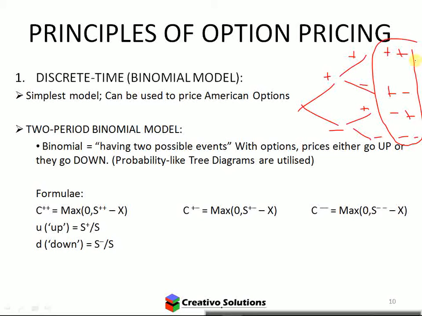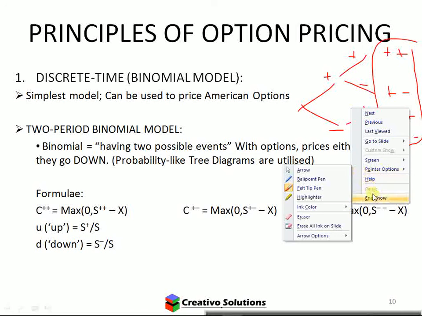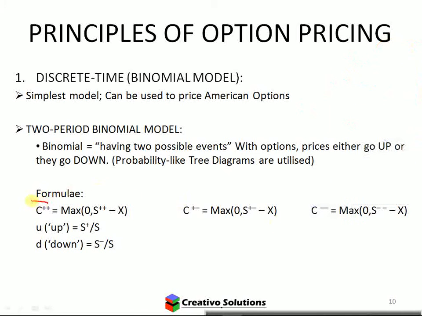So again, more formulas. Pluses and minuses. If I look at this, here's the C double plus, here's the C plus minus. Is the C plus minus the same as the C minus plus? Yes.